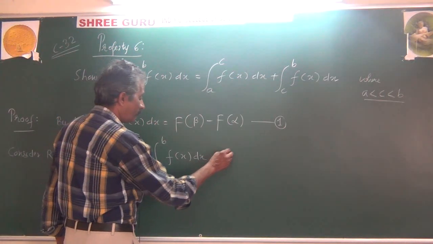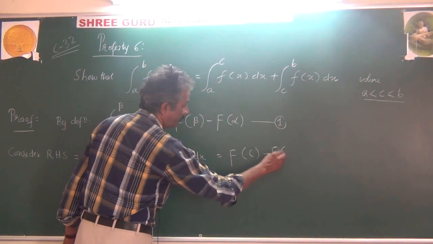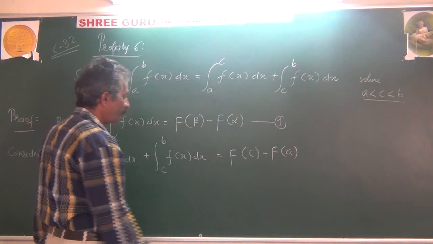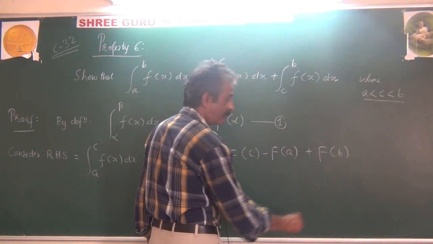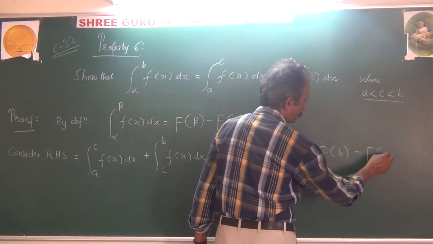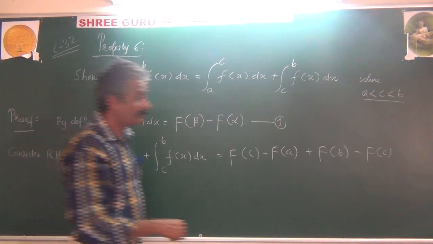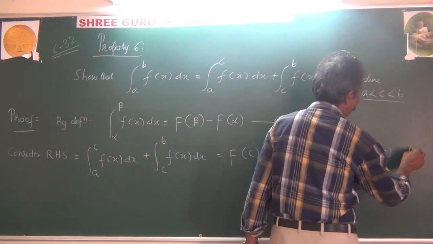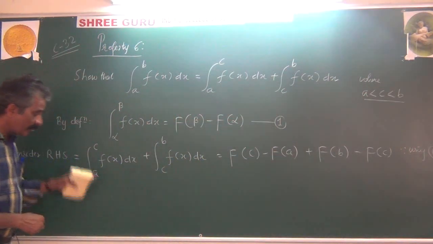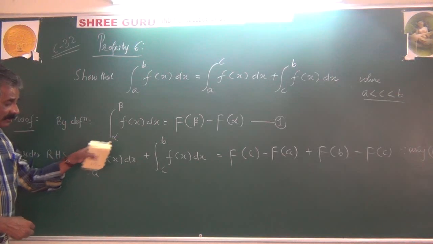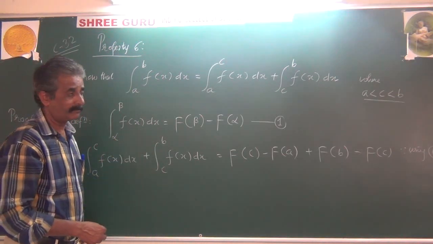So this one becomes F of c minus F of a. The next one becomes capital F of b minus F of c. In the first one, beta means c, alpha means a. In the second one, beta means b, alpha means c.